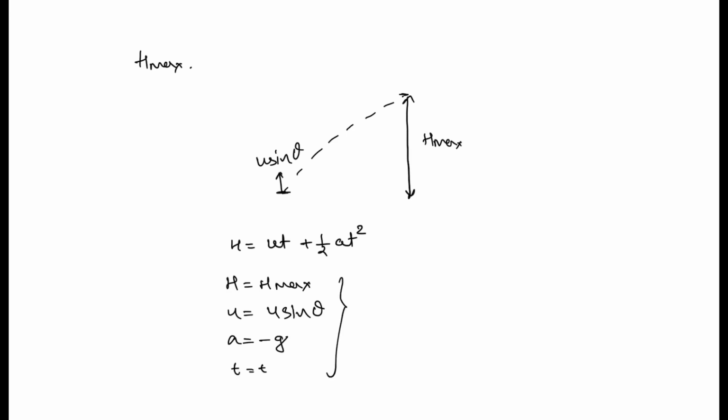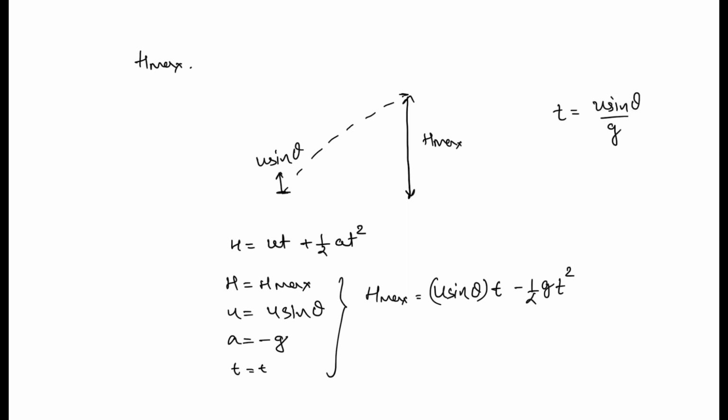So from this we can write h max is equal to u sin theta into t minus half g t square. We have put a is equal to negative g, so minus. Now we have the value of t, t will be u sin theta divided by g.